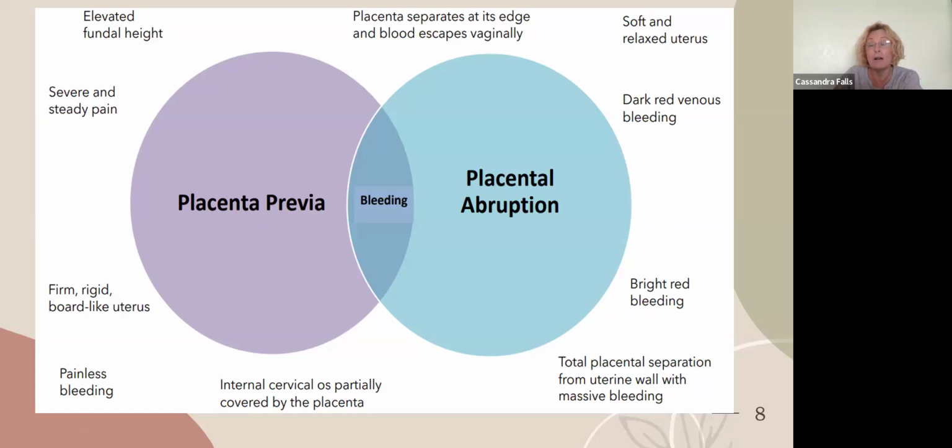It's not like contractions that come and go. It's a steady pain that doesn't ease up. The fundal height may rise with a placental abruption because they may be bleeding out inside and it's not coming out. So if it's what we call a concealed abruption, the fundal height may rise as the blood accumulates inside.